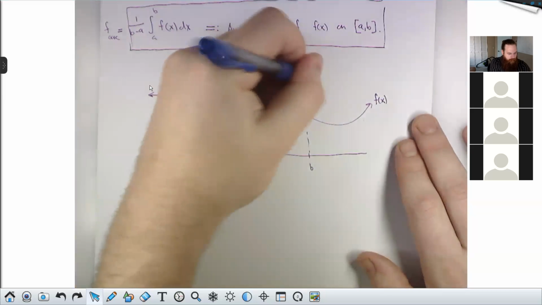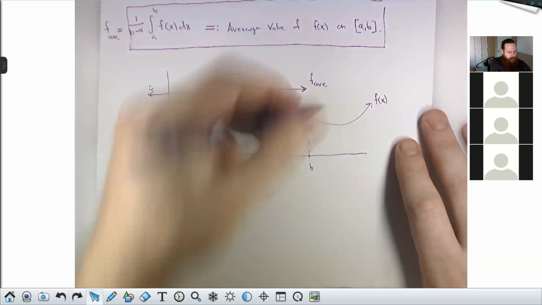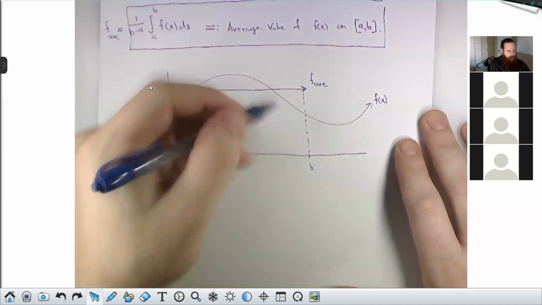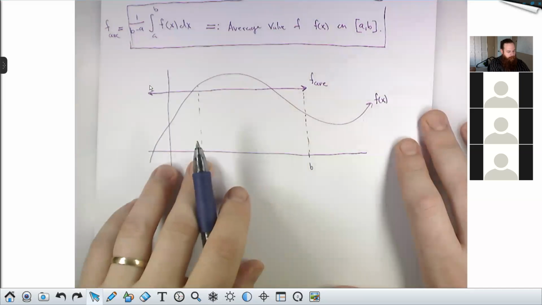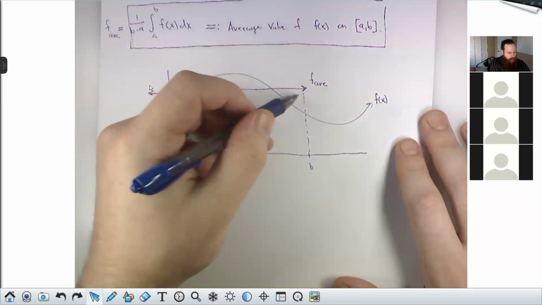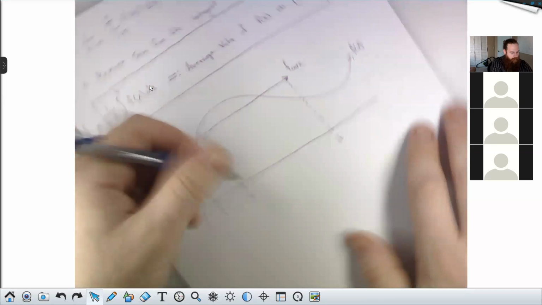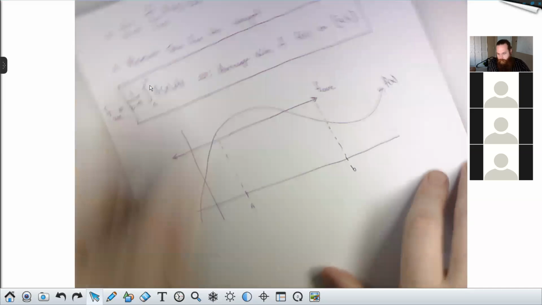This is f av. And the idea is that this constant function bounds the same area as f over the interval ab. So if you look at the area bounded by f on ab, I'll draw that in like this. Really, I need more color.